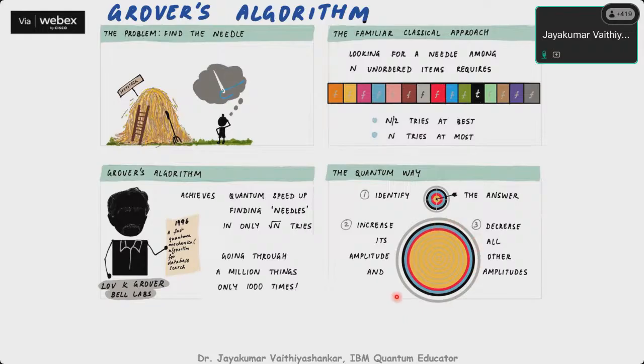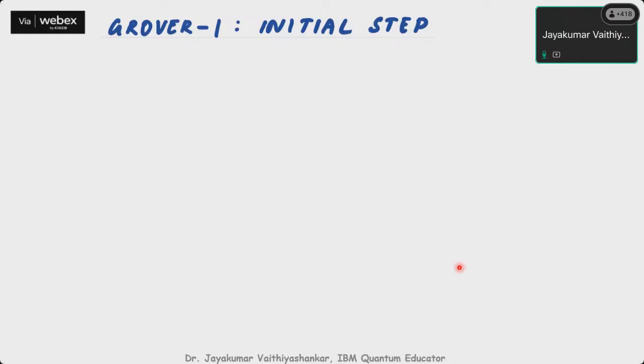What you are supposed to do is increase the correct amplitude, which is this orange color, and decrease the amplitude of all the wrong answers. If you do this simultaneously, at one point your striking rate will become higher. This is the idea of Grover's algorithm.